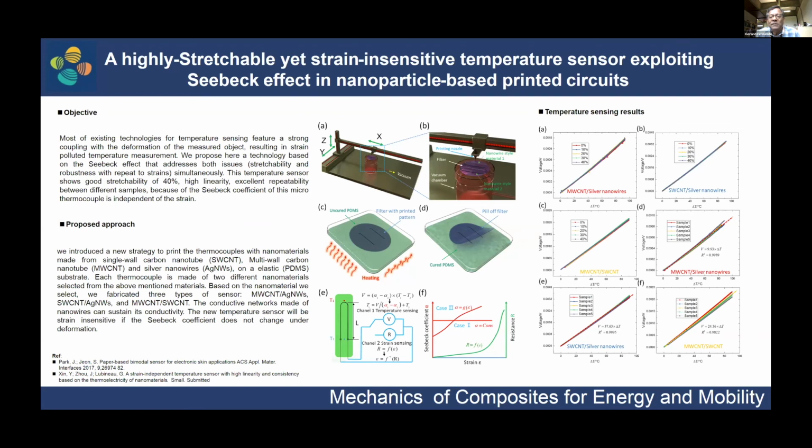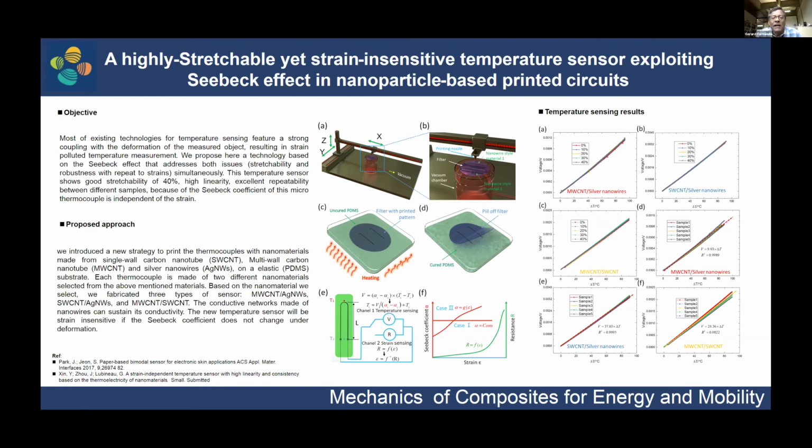For example, in figure A, it's one sample, but tested at different strain levels: 0 strain, 10% strain, up to 40% strain. Okay, thank you. So all the lines are overlapped, which means the strain has no influence.